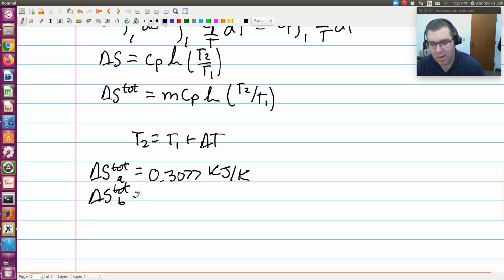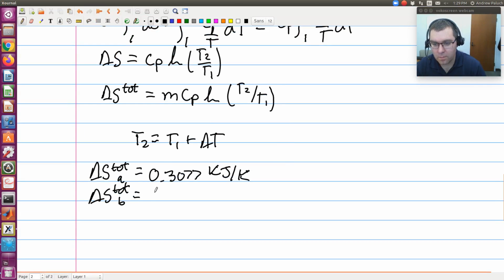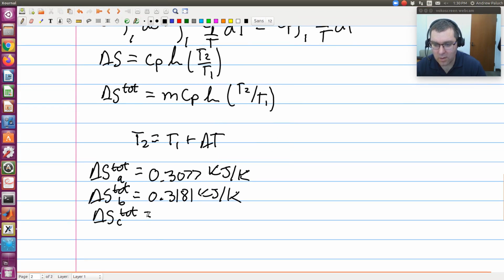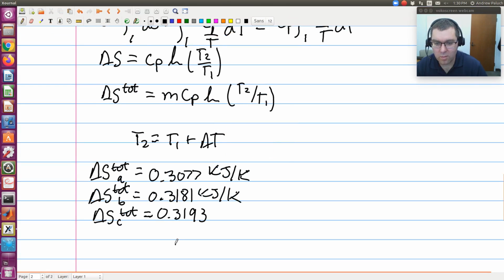For my second mass, it is 0.3181 kilojoules per Kelvin. And for case C, it's 0.3193 kilojoules per Kelvin.